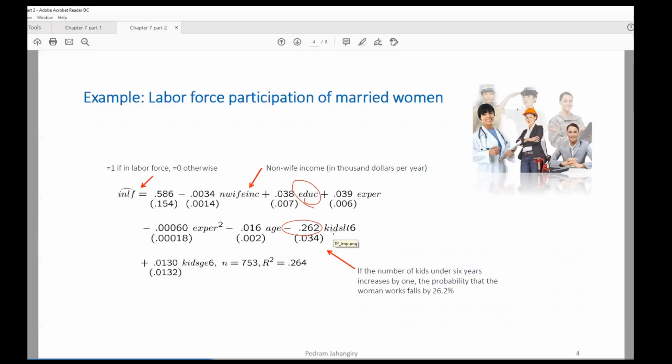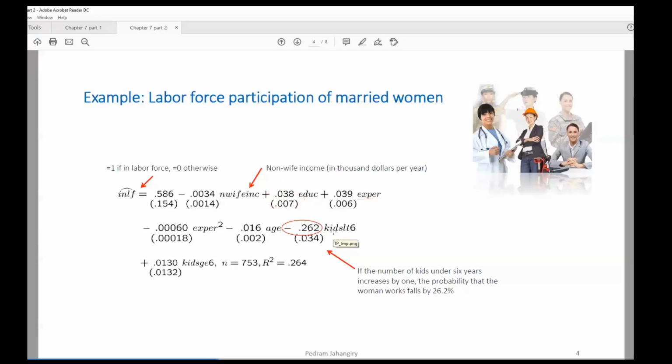For every additional year in education, the probability of that lady attending the labor force is going to increase by 3.8%, holding everything else constant. Does that make sense? Nice, right? I'm allowed to say something like this because remember, I don't see education anywhere else. If I had education somewhere else, you have to take the derivative first and then interpret that, okay?